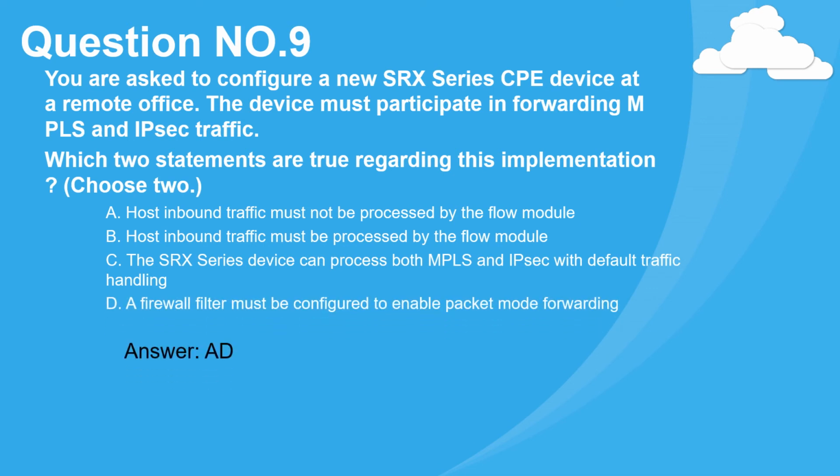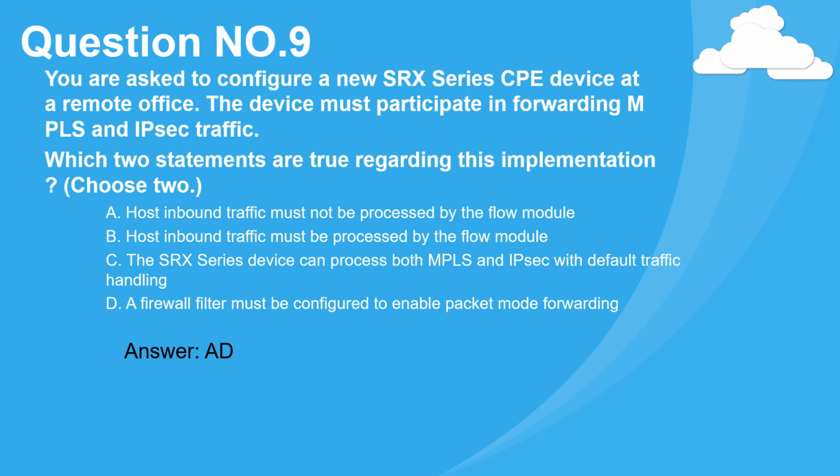Question number 9. You are asked to configure a new SRX Series CPE device at a remote office. The device must participate in forwarding MPLS and IPsec traffic. Which 2 statements are true regarding this implementation? Choose 2. A. Host inbound traffic must not be processed by the flow module.